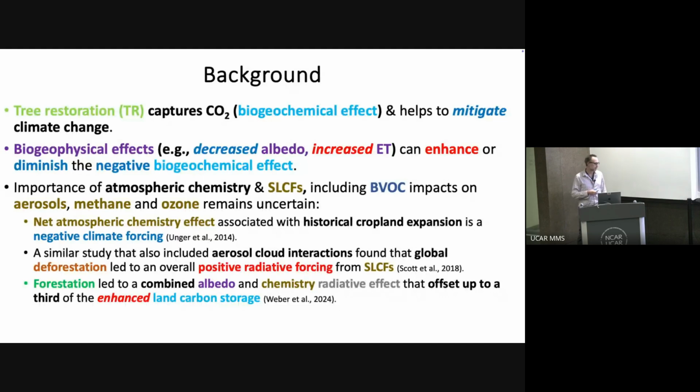There are a few studies that have tried to understand how trees impact SLCFs. Overall, more recent studies show that the impact of trees on SLCFs leads to a positive radiative forcing, largely due to the aerosol effect.